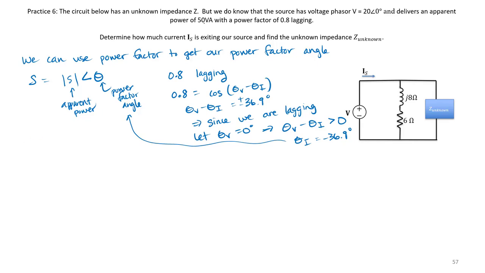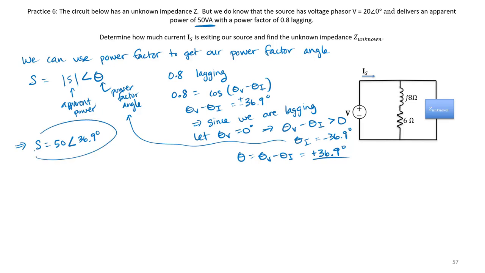Since we know our apparent power is 50 volt amps, we can determine that S must be equal to 50 angle 36.9 degrees, because our power factor angle, theta v minus theta I, is equal to 0 minus negative 36.9, or positive 36.9 degrees. So now we know our complex power S.